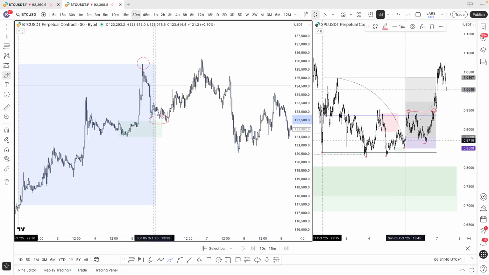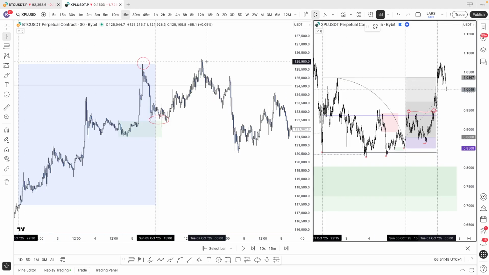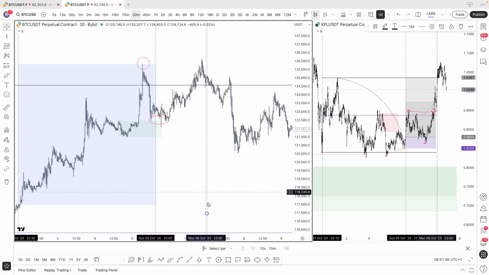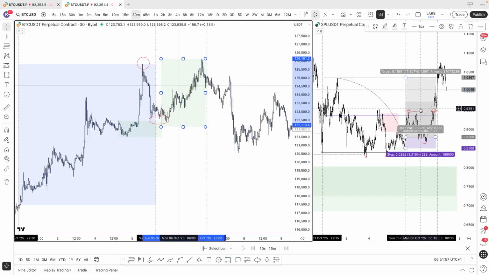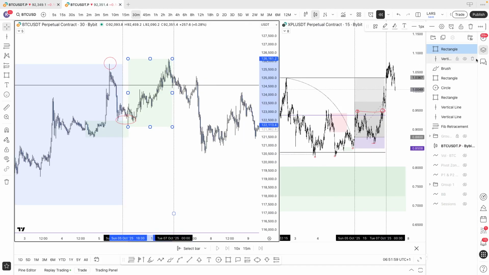And like I say, the markets move in sync. So if we look at where the model completed itself, which is right here, Bitcoin also went up higher at that same period of time.